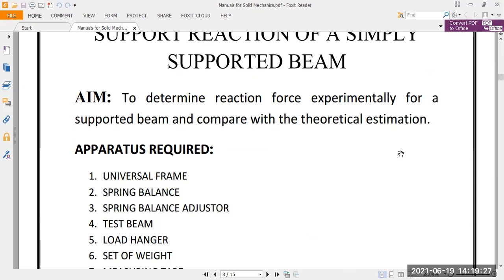First of all, you have to know the definition of a beam itself.